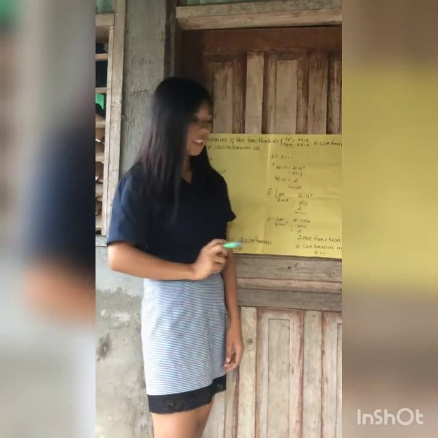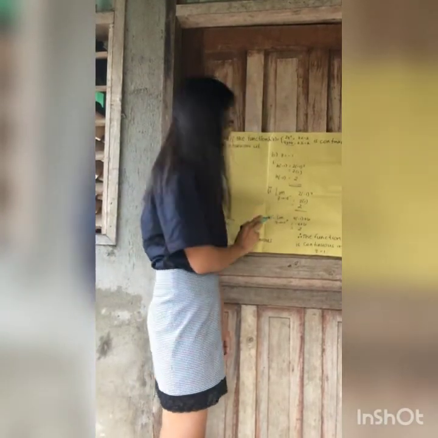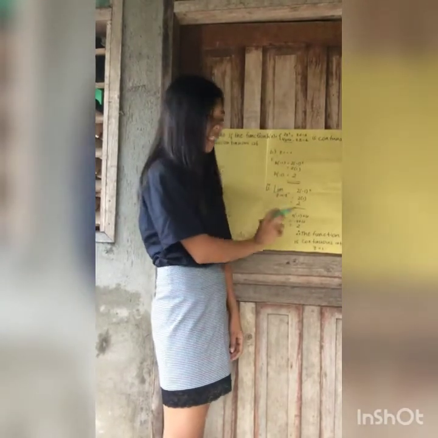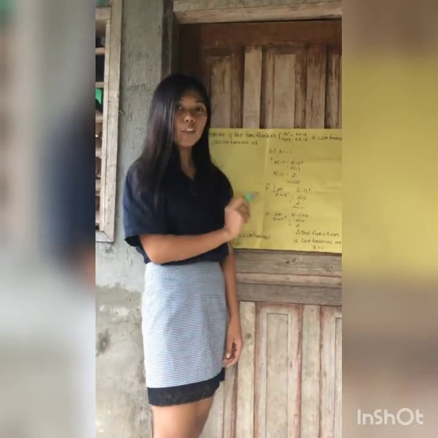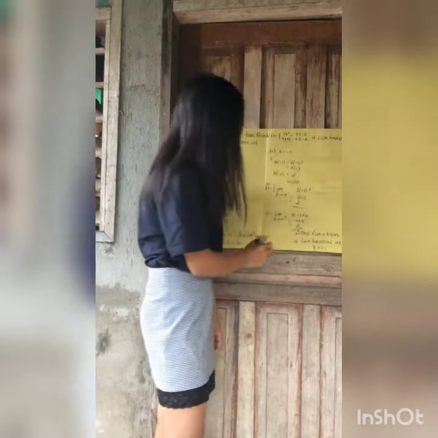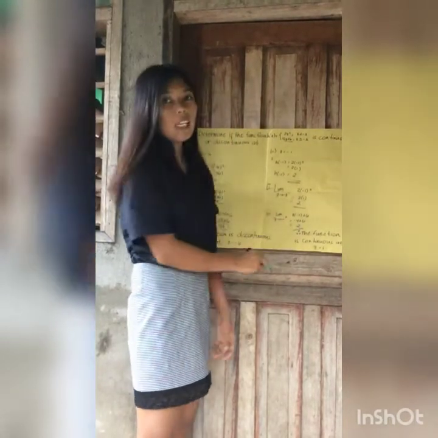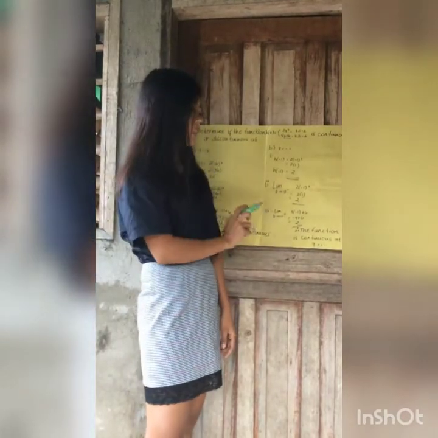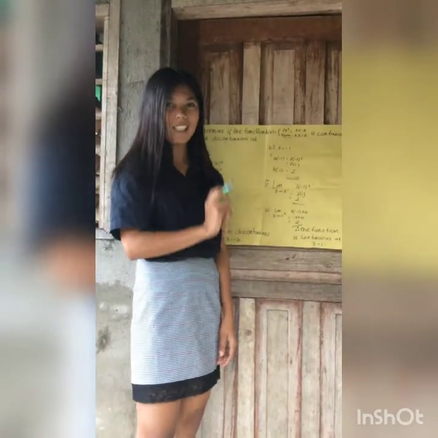And lastly, the limit as z approaches negative 1 from the right side is 4 times negative 1 plus 6, which is negative 4 plus 6, so we have 2. Therefore, since these are the same, as we've shown here in the illustration, we can say that the function is continuous at z equals negative 1.